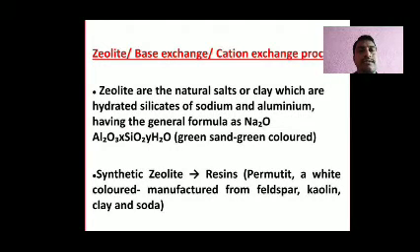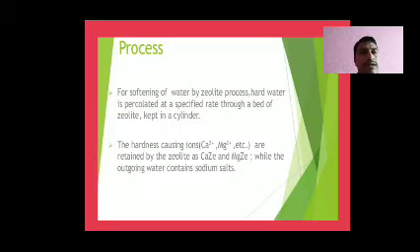Synthetic zeolite is like a resin. Permutit is a white colored compound manufactured from feldspar, kaolin clay, and soda. These two are used to remove hardness of water.